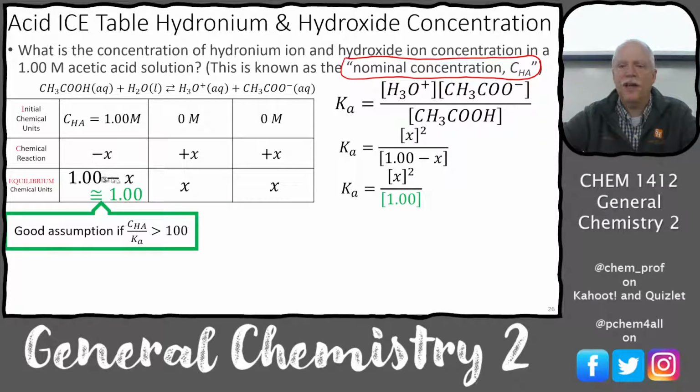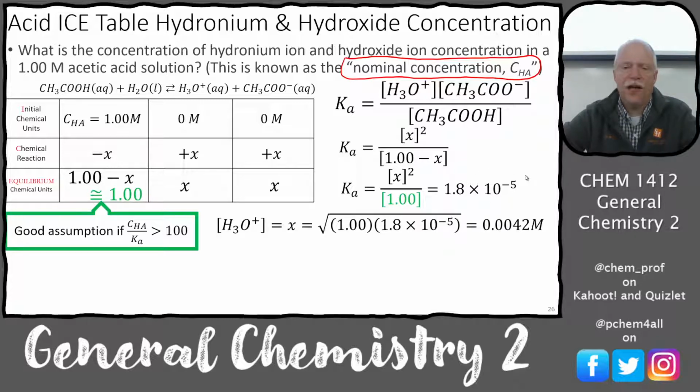So we're going to simplify that equation, and we have just X squared over 1 equals Ka. And this is equal to 1.8 times 10 to the minus 5. So that's the Ka for acetic acid.